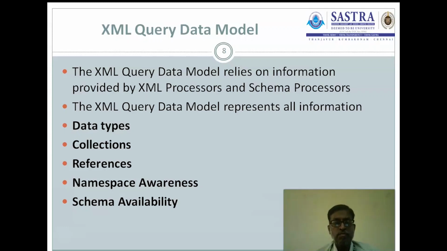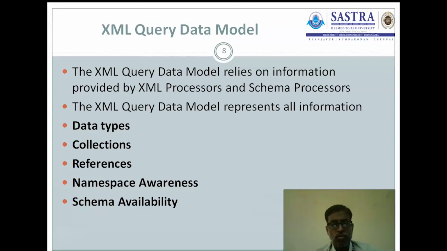In XML processing, if you are using any syntax, that should be referred to in the schema. In such a case, the schema processor also provides certain information regarding the structure of the document, and the XML processor processes the document based on the structure. So these two processes provide information to the data model, and that will be used in XQuery.